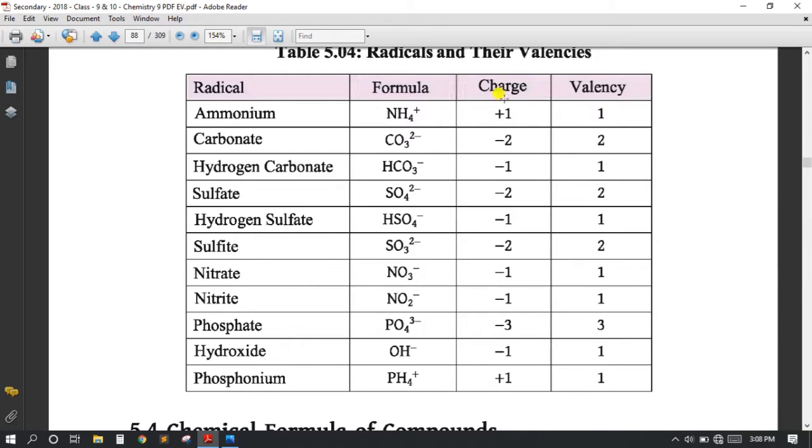So valency means only the value of charge, without sign, or charge means sign with value. This charge is also called oxidation number. Here, the valency of carbonate is 2 and its oxidation number is -2, and charge is also -2.